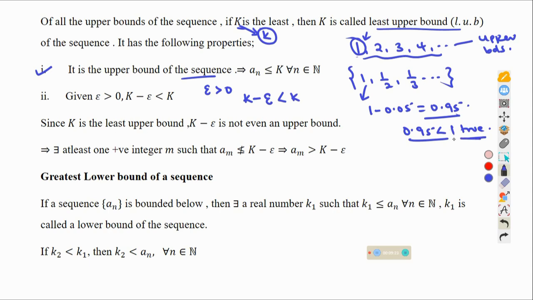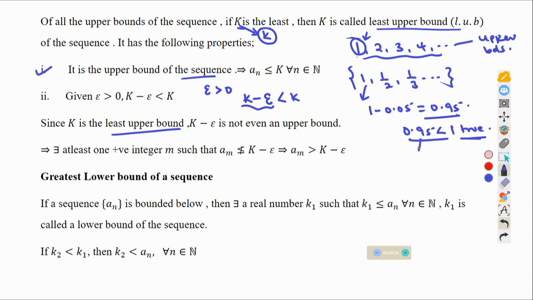So if this is true, now, since k is the least upper bound, it means k minus epsilon is not even an upper bound, which means that there will be some terms within this sequence that will be greater than k minus epsilon.